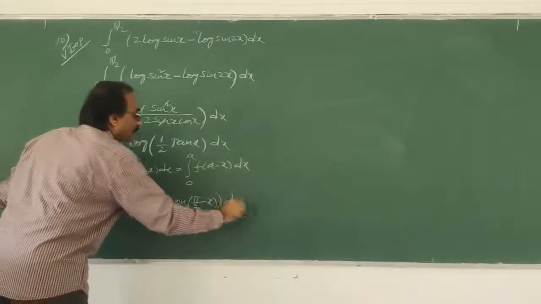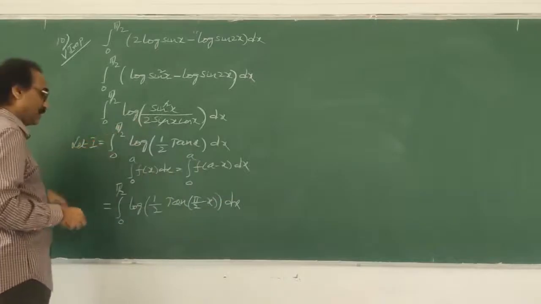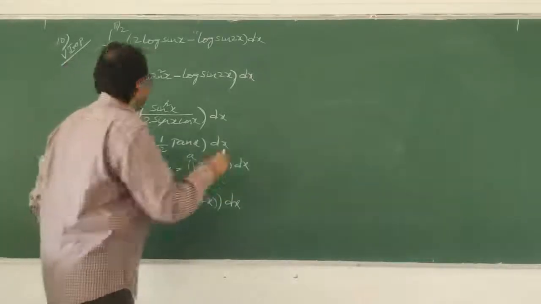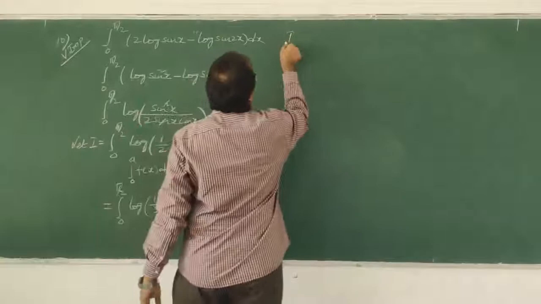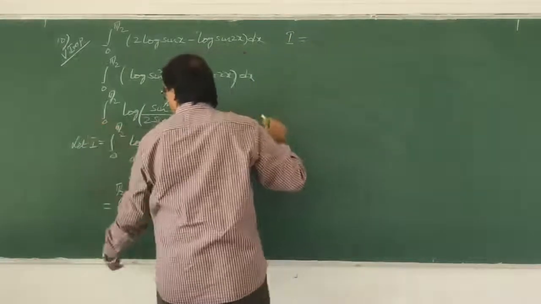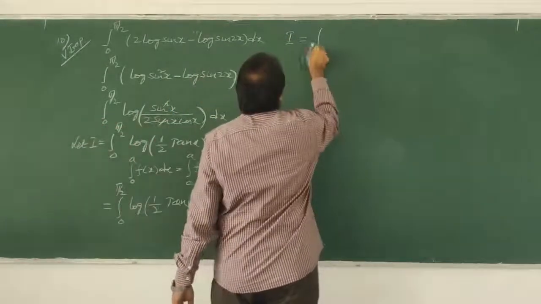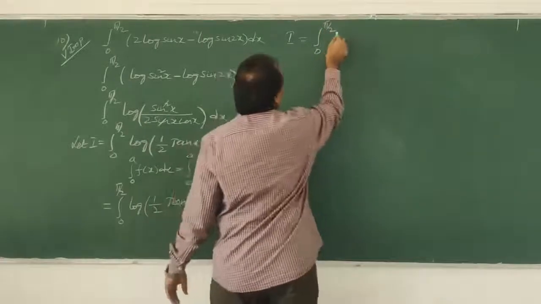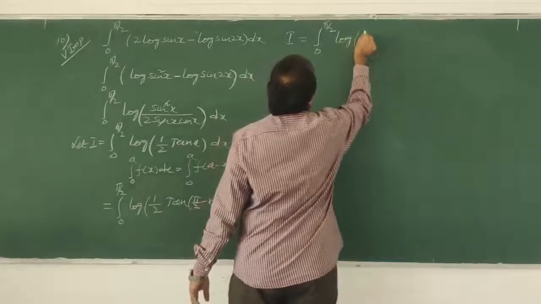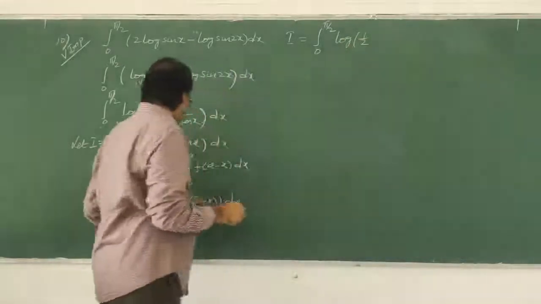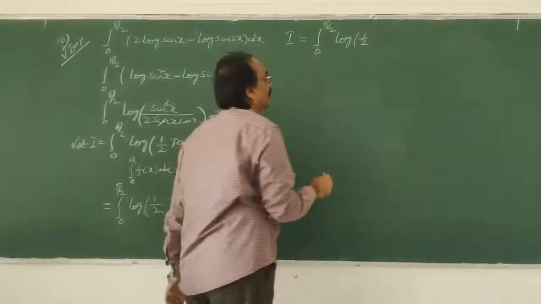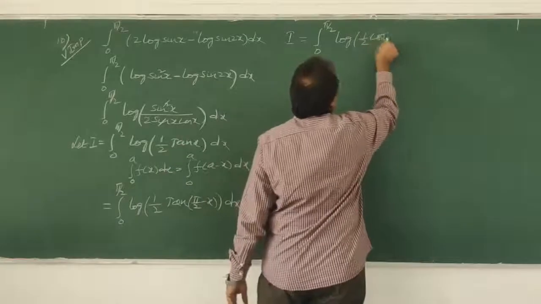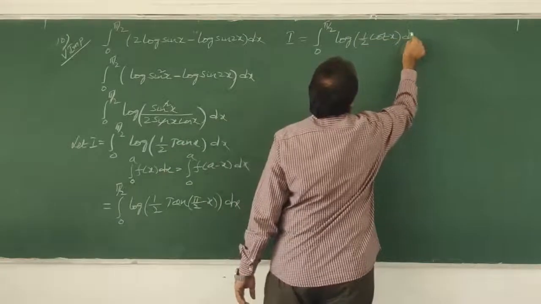A is nothing but pi by 2 here. So therefore I is equal to integral 0 to pi by 2 of log of half into tan (90 minus x). Tan (90 minus theta) is cot x dx.